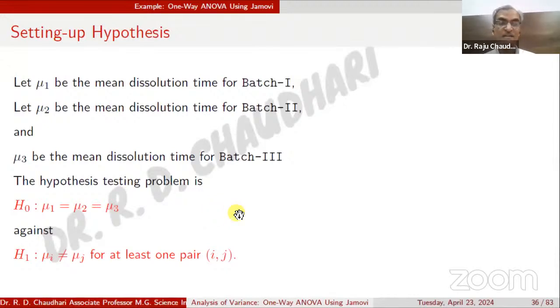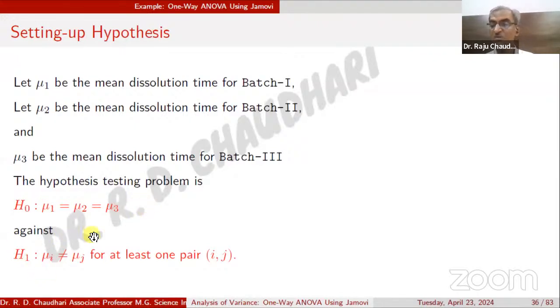Now the next part is about the hypothesis, right? Since we have 3 batches, mu1, mu2, mu3 are the mean dissolution times for batch 1, batch 2, batch 3 respectively. And then we have the null hypothesis, H naught: all the means are equal, against the alternative.